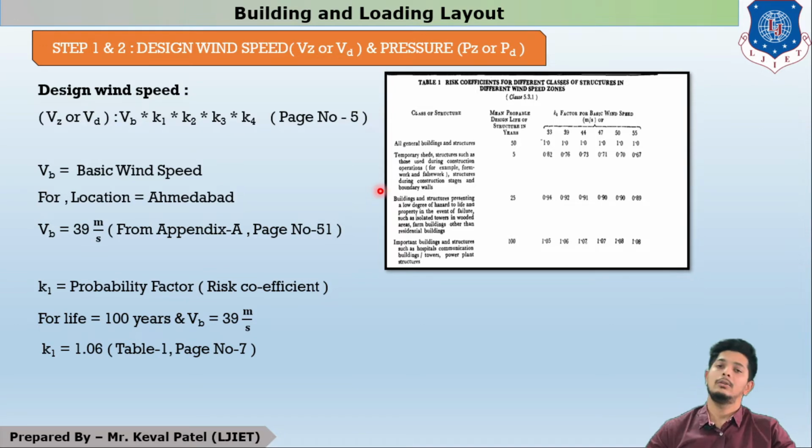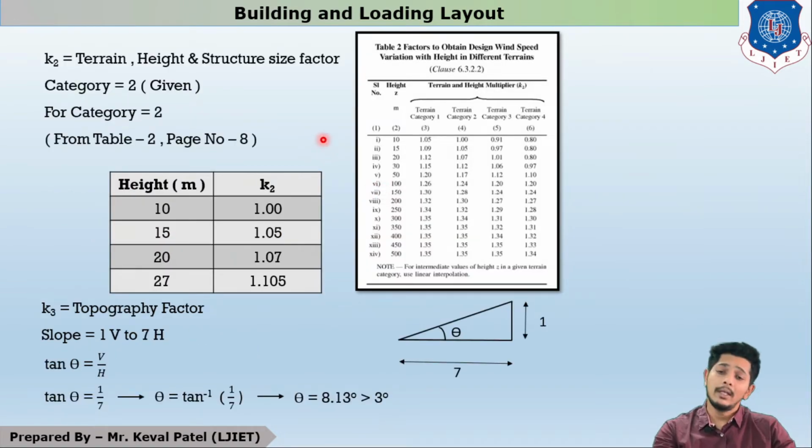Let us move to the next item, which is K2. For K2, we will take table number 2. Table number 2 is given on page number 8. Now, according to height, we take table number 2, right? Here, total height of the water tank is only up to 27 meter. So, we will take height 10 meter, 15 meter, 20 meter and 27 meter only.